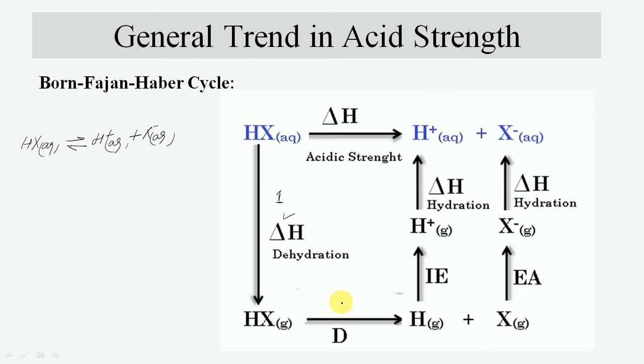Then in step number 2, gaseous HX dissociates into gaseous H atom and gaseous X atom. Let D be the heat involved in this process.